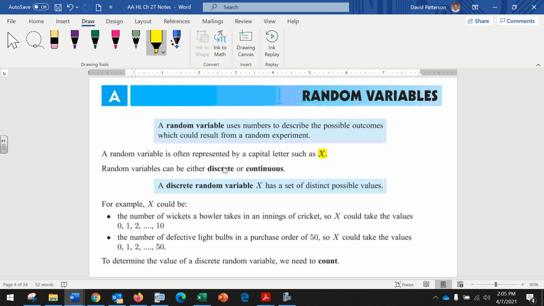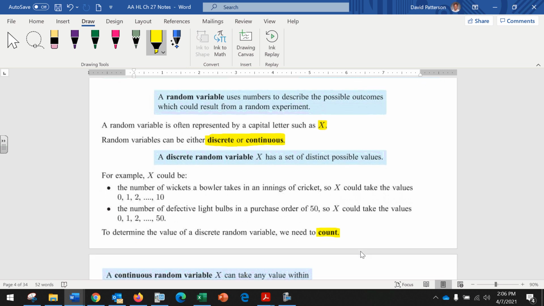Those types of random variables could be discrete or continuous. Discrete random variables are things that can be counted. If you're talking about cricket, the number of wickets a bowler takes, or the number of defective light bulbs in a purchase of 50. Those would be discrete because you can count them.